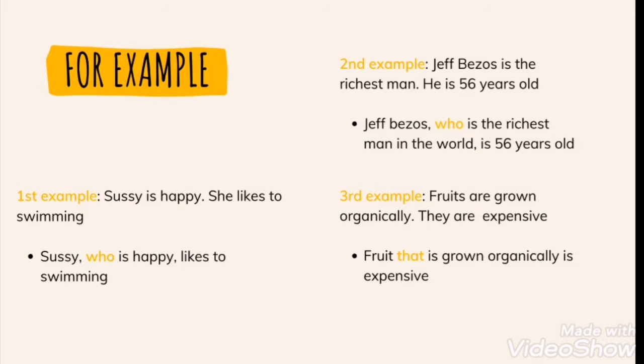In the third example: fruits are grown organically, they are expensive. Fruit that is grown organically is expensive. So, in these examples, we have the adjective clause inside the main clause.